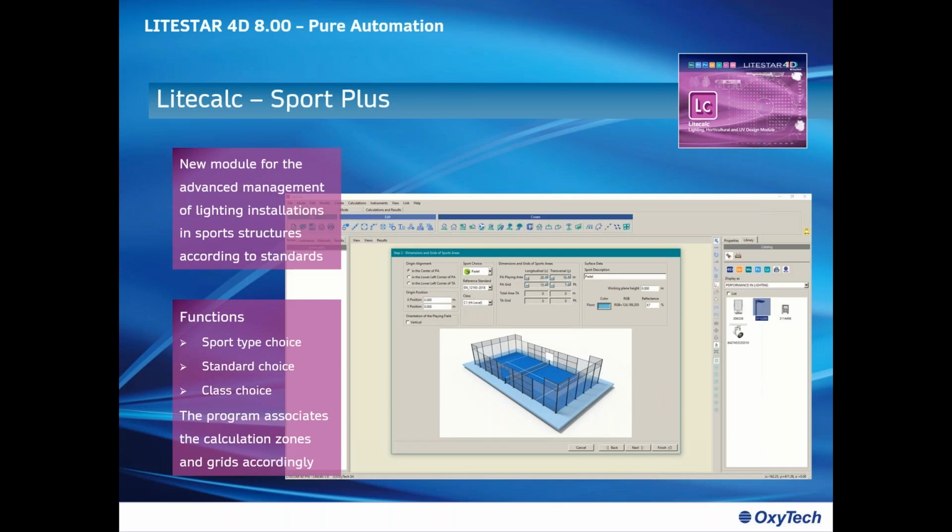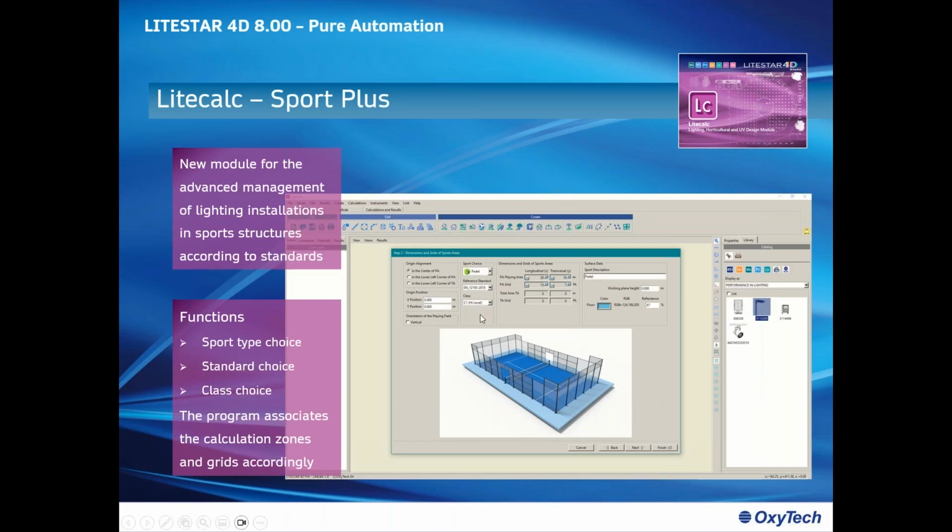On the other hand, let's say that it is now not possible yet to compare the values defined by the class, defined by the standard, with the final calculation. It has to be done manually by the user, by the designer, but it will be done in future. So we opened at this stage the pathway.